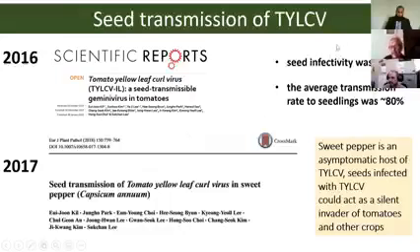Therefore, it seems that seed may also be a way of importing this virus in many, many countries, and also in our country. Sweet pepper is an asymptomatic host of TYLCV, and seeds infected with TYLCV could also act as a silent source.